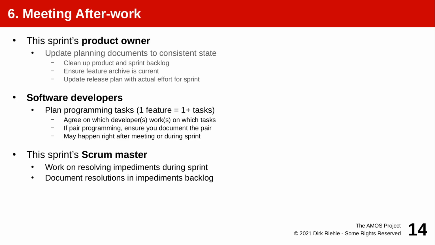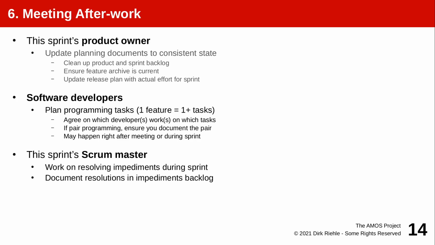The product owner has to do some cleanup, usually in the planning documents and the project board and the Kanban board, etc. The software developers actually still have to assign the features to people. That's really a two-step. One is who gets to do it, and sometimes what is a feature from a product owner's perspective is actually multiple tasks from a developer's perspective.